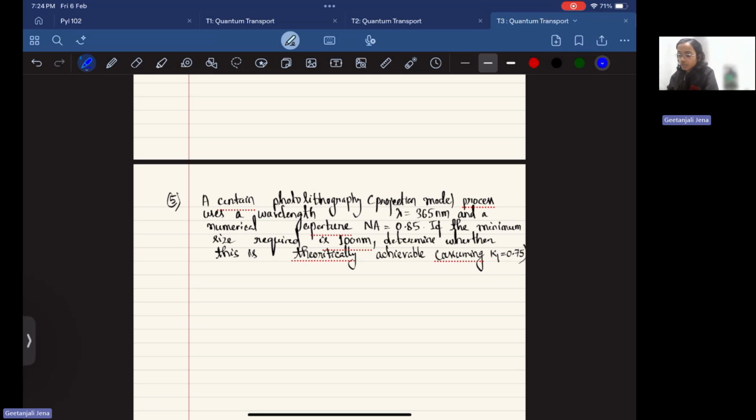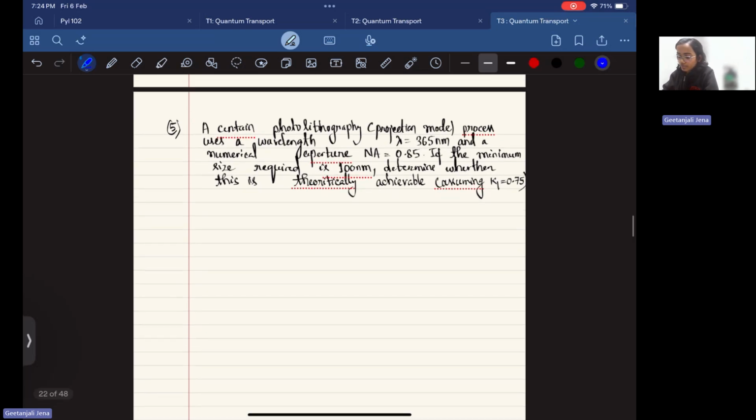That is, if you use a wavelength of 365 and numerical aperture of 0.85 in a projection mode lithography, then will it be possible to get a minimum size of 100 nanometer or not?